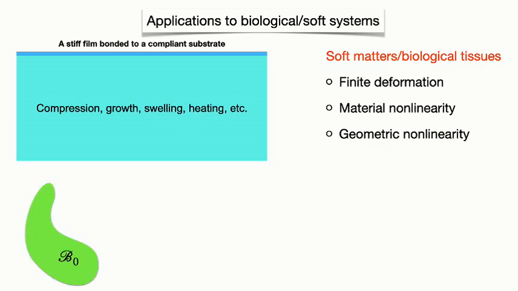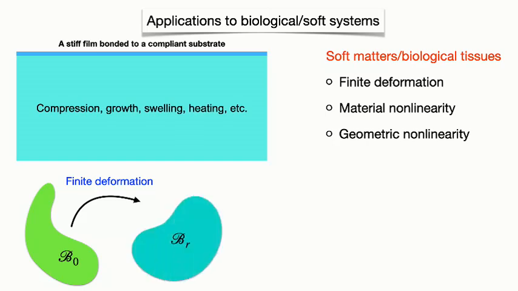Okay, so you have an initial geometry. We call it the reference configuration, and it can undergo a finite deformation to form a new configuration. This is a finite deformed configuration, but there's no instability.